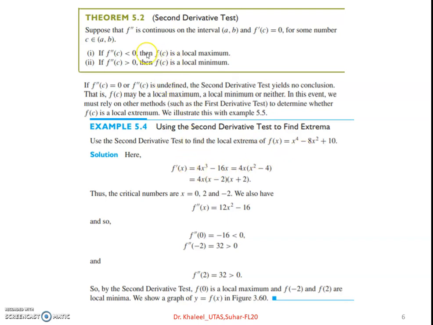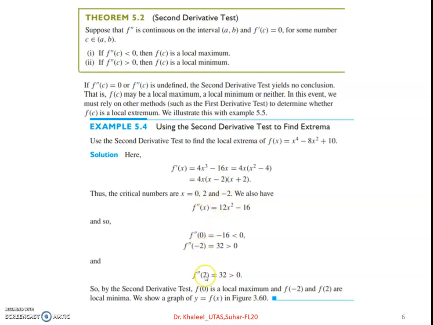First we find the critical number, that is c. For that I find the derivative, take 4x common and factorize this, then I get the critical numbers 0, 2, and minus 2, and then find the second derivative. In this you substitute all these critical numbers one by one.